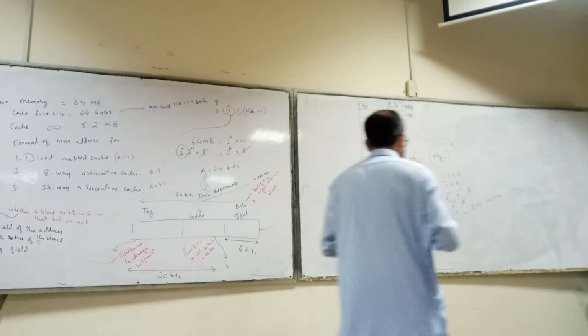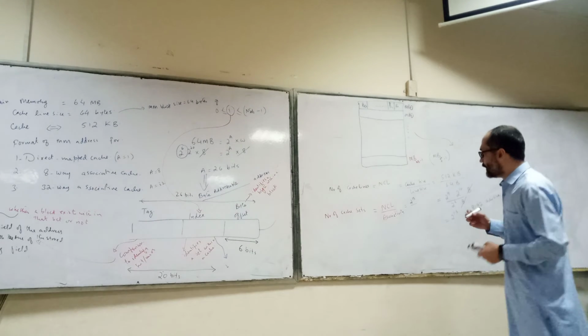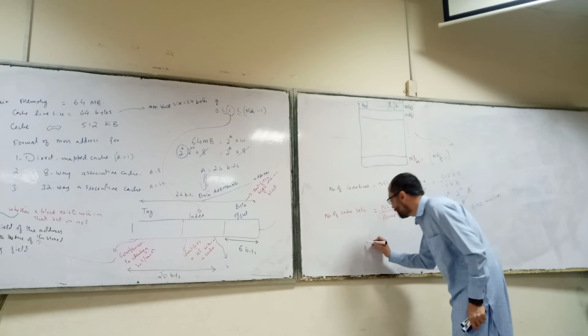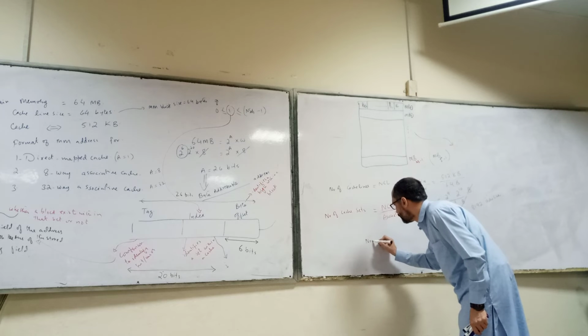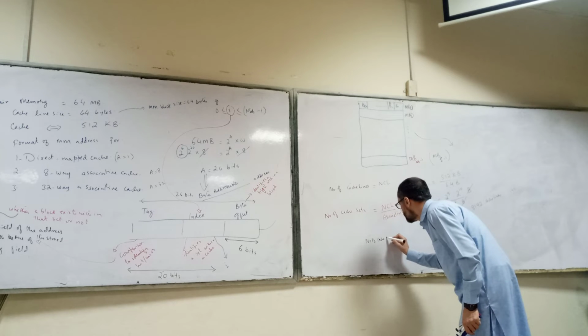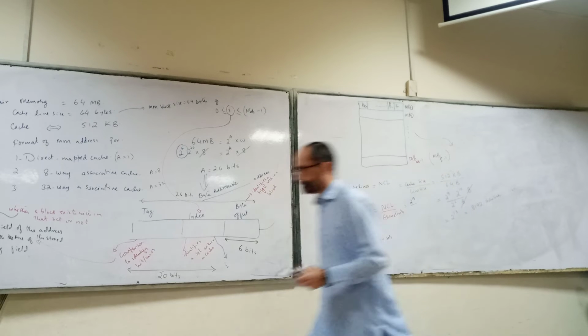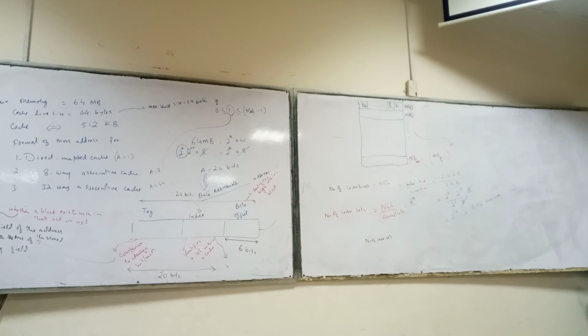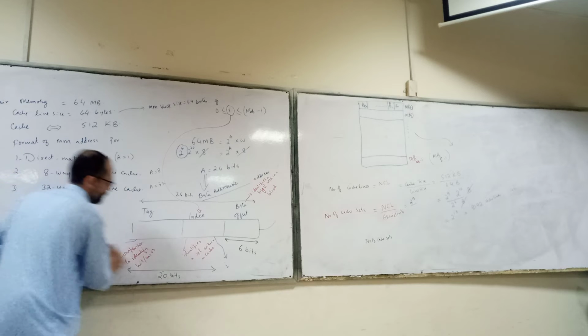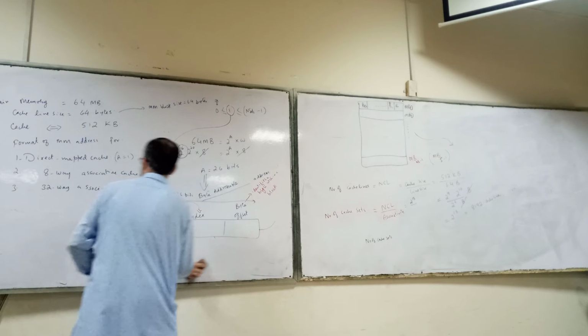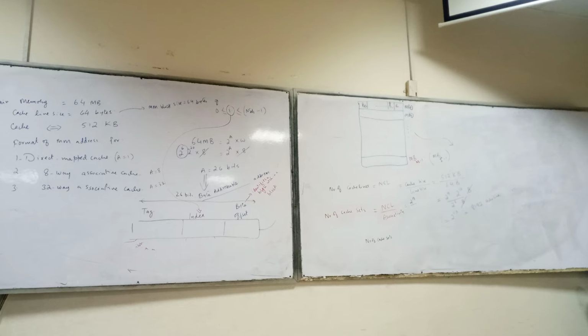Now what we need to find is the number of cache sets. There are three different variants. The first variant is the direct map cache.